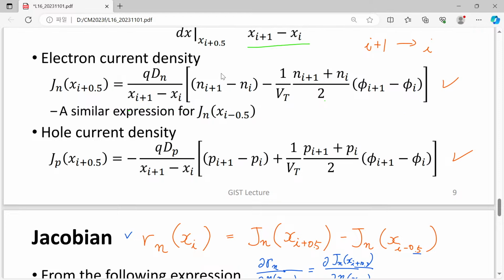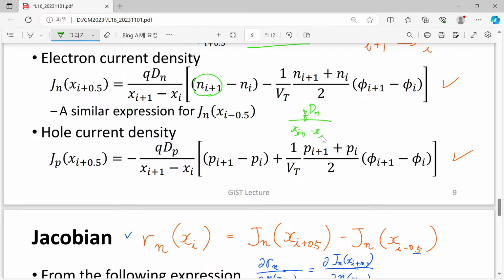Then what will happen? Yes, this one will contribute q times dn over xi plus 1 minus xi, because when we take partial derivative, this just contributes unity, and this one goes away because this is ni, not ni plus 1.